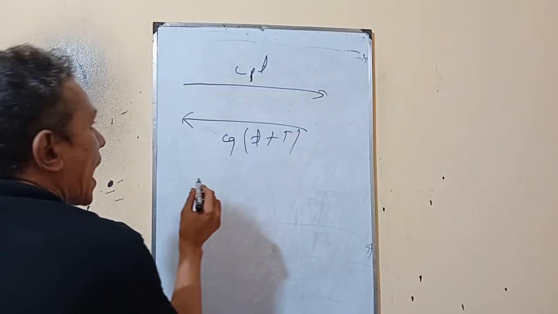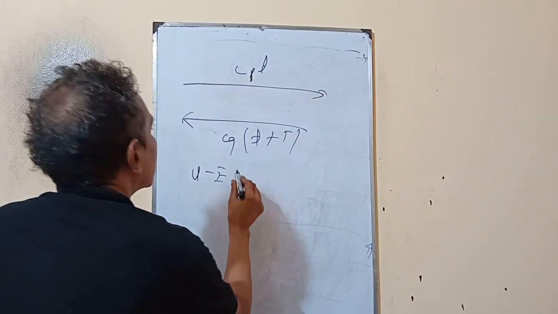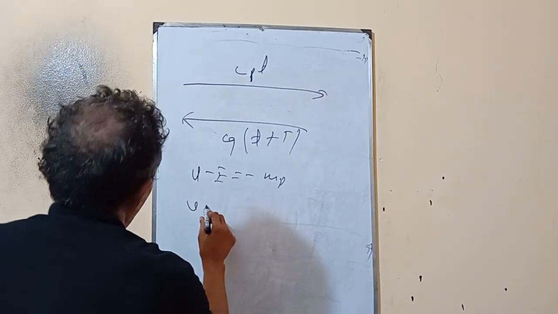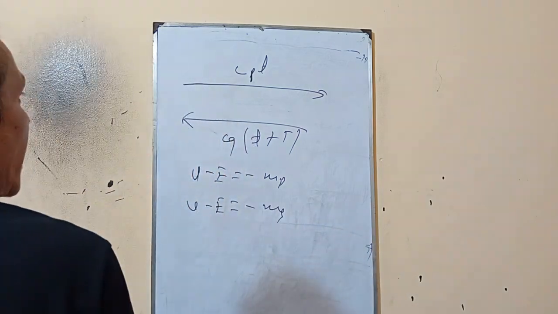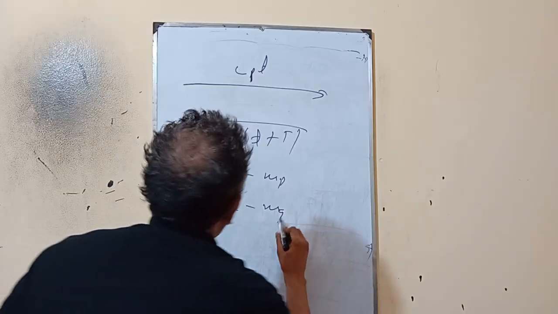Okay. And then U minus E is equal to minus MP, photon particle, and minus MZ.